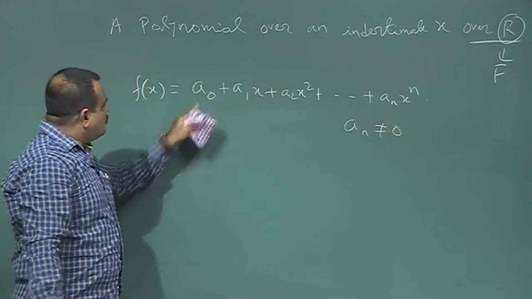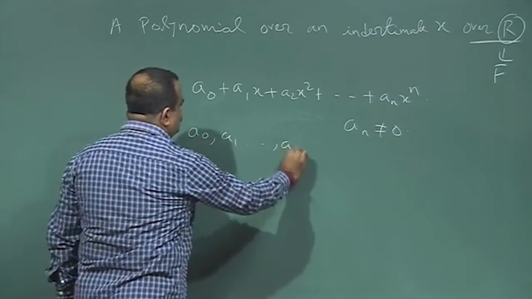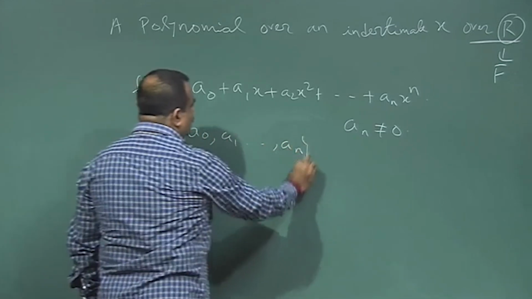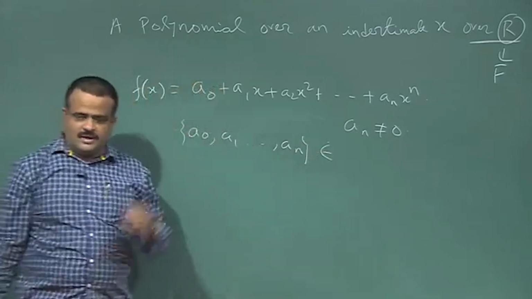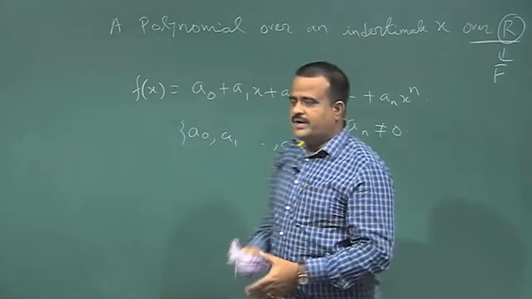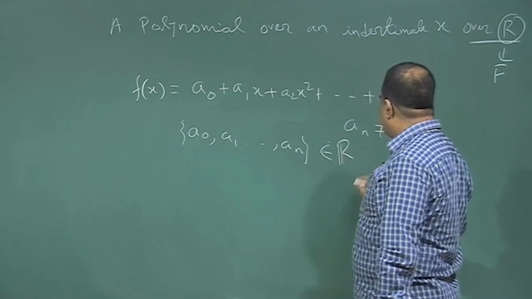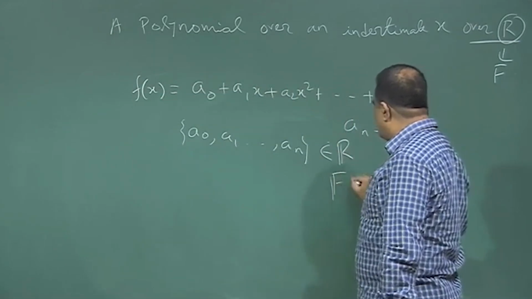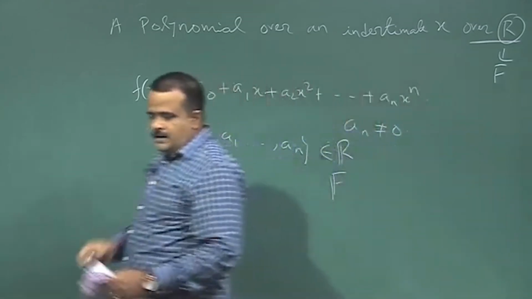These a0, a1 are called coefficients, and they come from some set, say some field or some ring. So a polynomial can be defined over a ring, or the elements could come from some field for certain properties. We will formally define those.